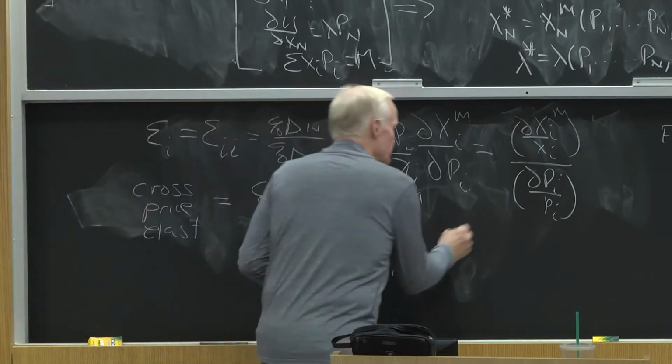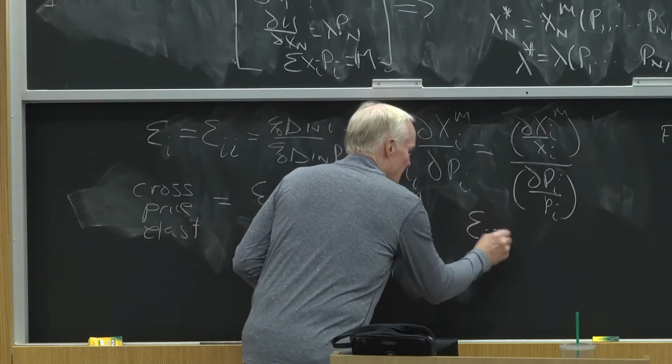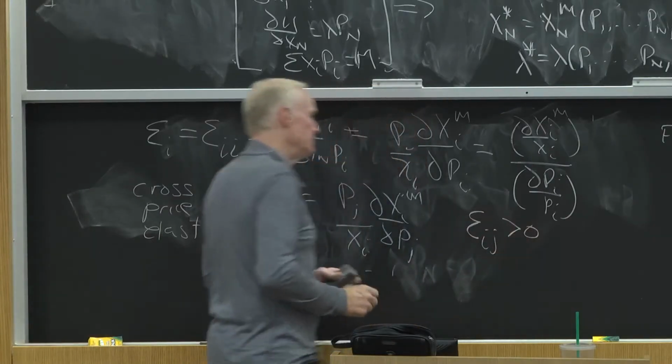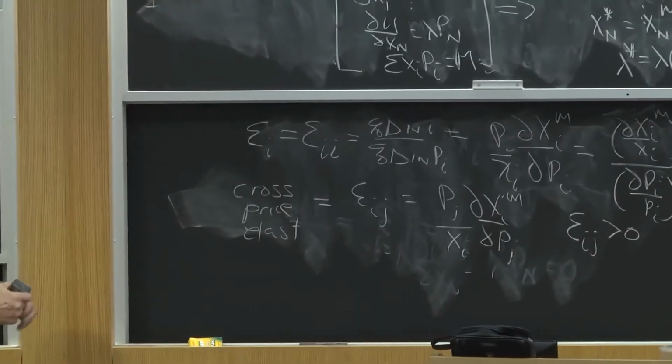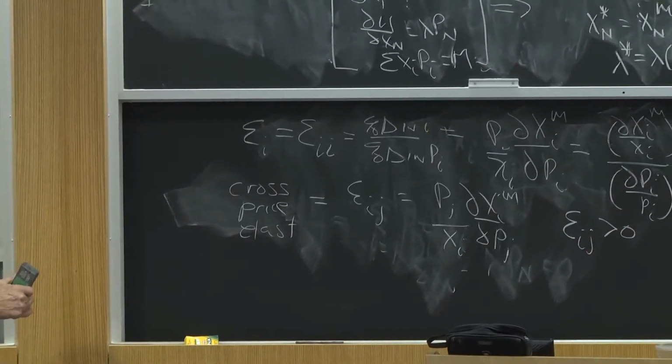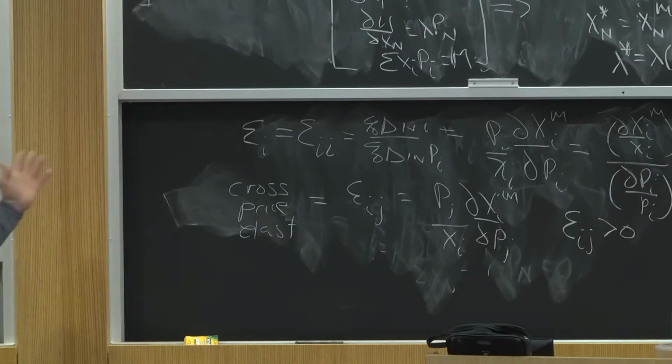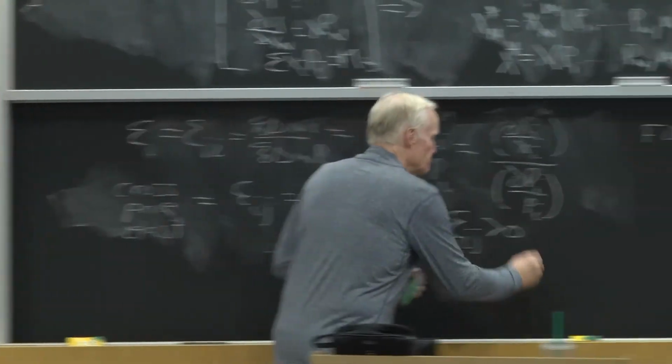We often make distinctions. Epsilon ij greater than 0. What do we usually say in that case? When a rise in the price of good j increases the consumption of good i. We have a term for this? Substitutes. x_i and x_j are substitutes.